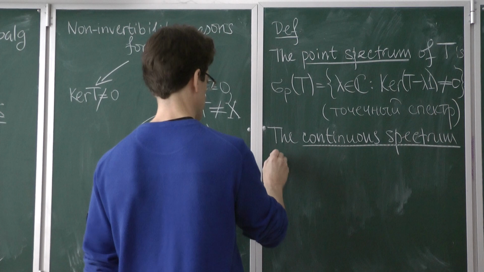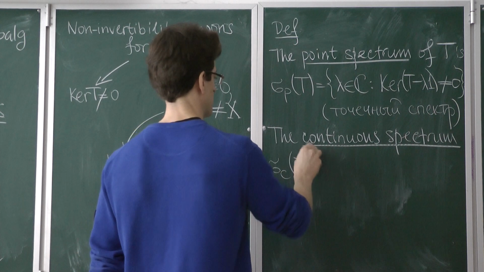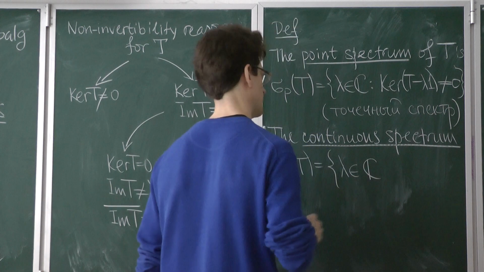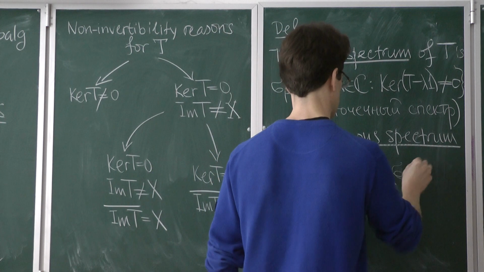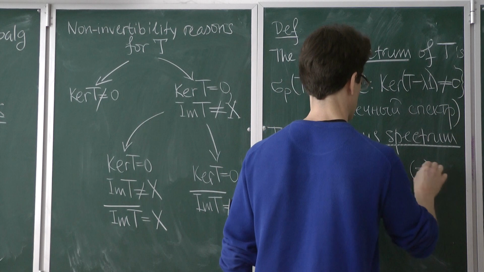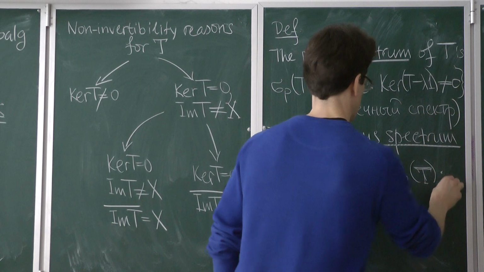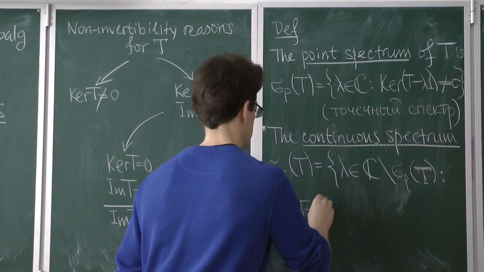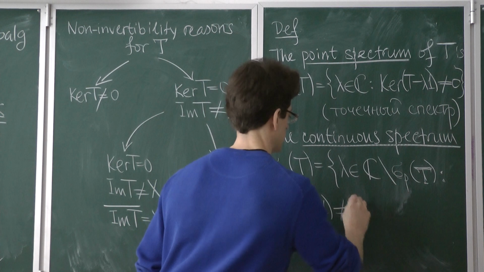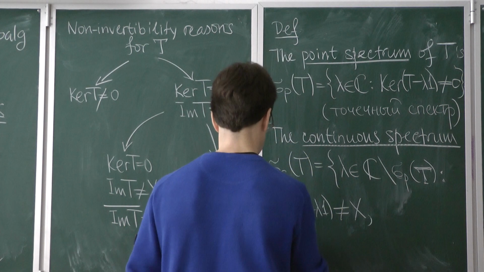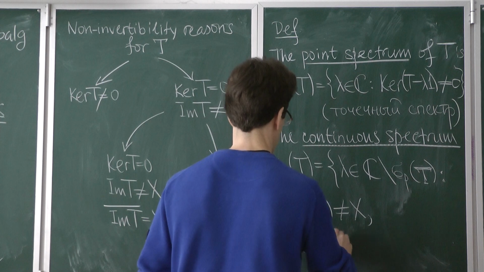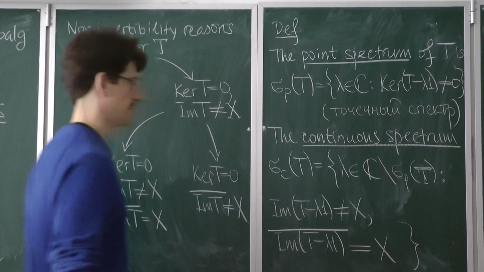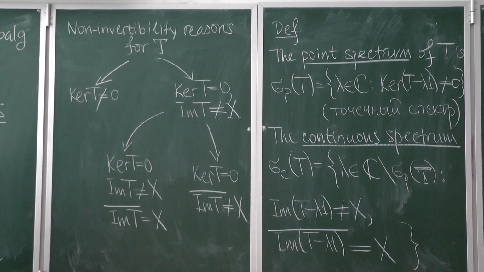The continuous spectrum, sigma C of T, consists of those points lambda which are not in the point spectrum, so they are not eigenvalues, with the property that the image of T minus lambda is different from X, but is dense in X. This is the continuous spectrum.